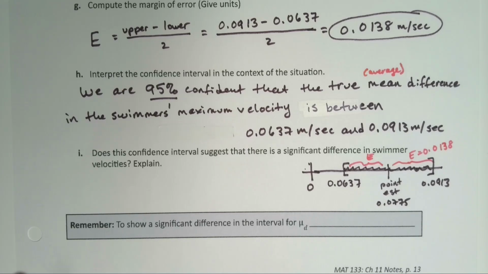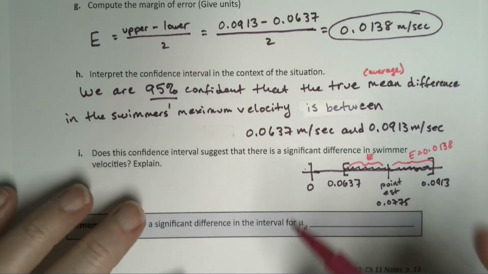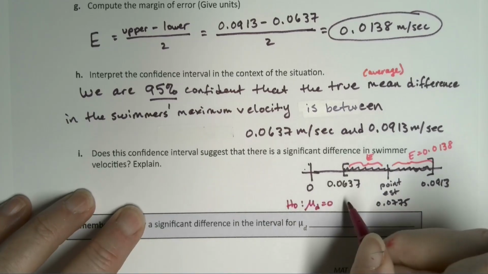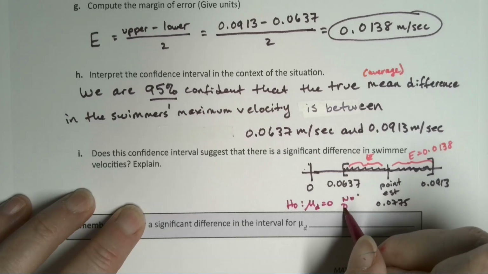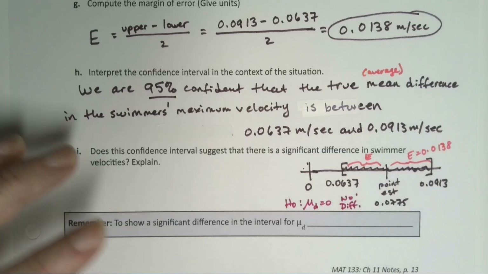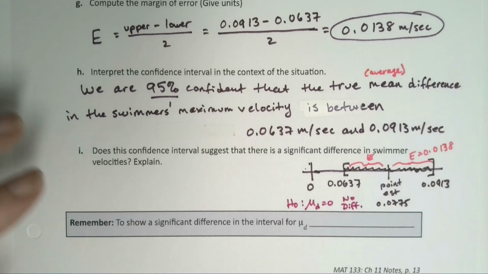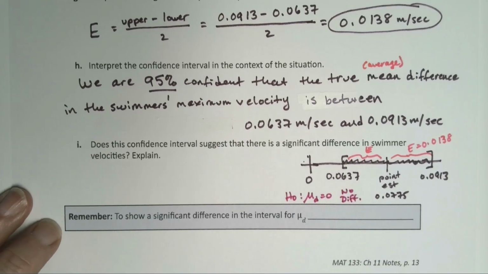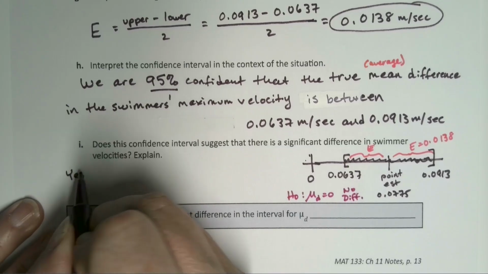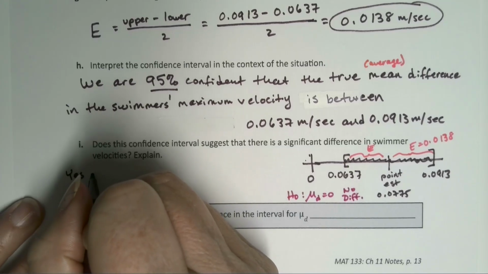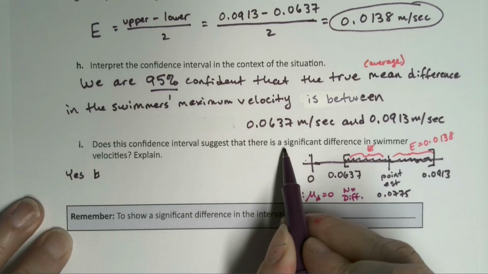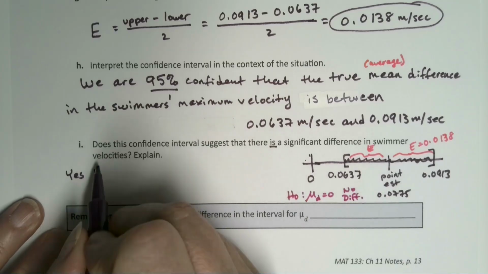Okay, so remember that the H naught would be that mu d equals 0, that there's no difference in the groups. But if 0 is not in the interval, that means that there is a significant difference. So does this interval suggest there is a significant difference? Yes.